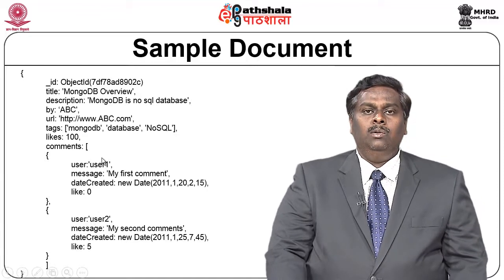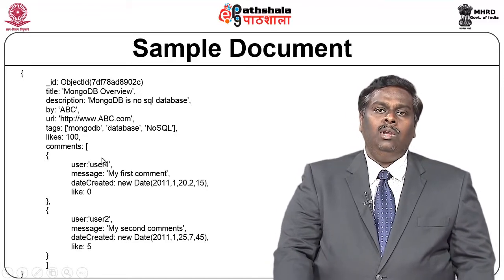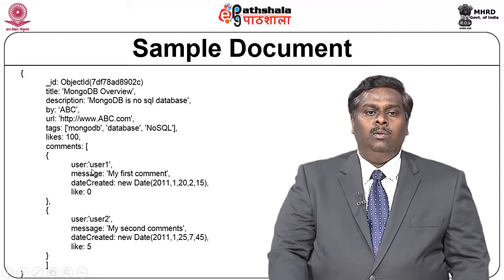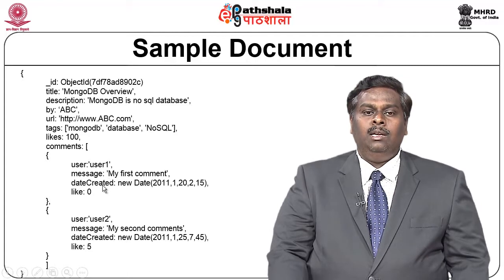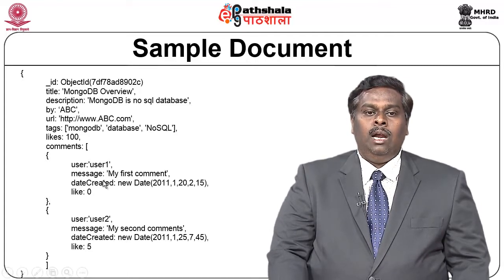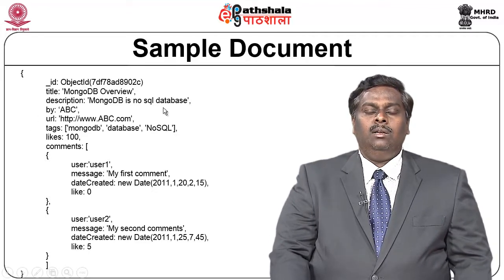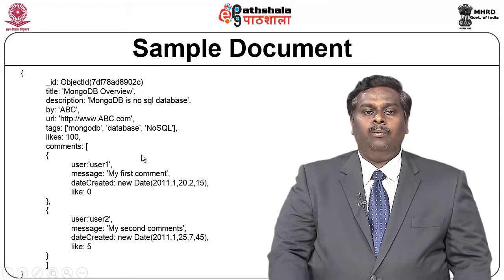So, each and every user is internally going to be a document nested within this document. Every user will have a user ID, the message given by the user, the date when this message or review comment was given, and the like. Likewise, a document is represented in a MongoDB environment.